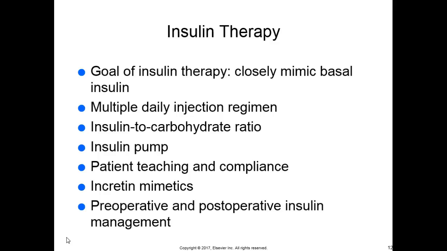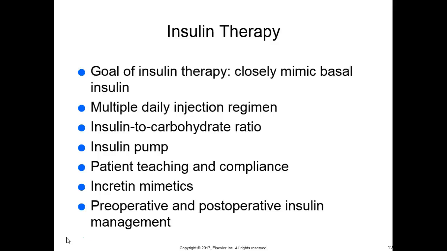A patient may receive it via multiple daily injections, or they can receive their insulin via an insulin pump that delivers a continuous infusion of insulin based on the patient's blood sugars. It continuously delivers a basal rate, or a minimal rate, to maintain the blood sugar levels between meals, and it can also be programmed to administer a bolus dose for meals or if elevated blood sugars occur.